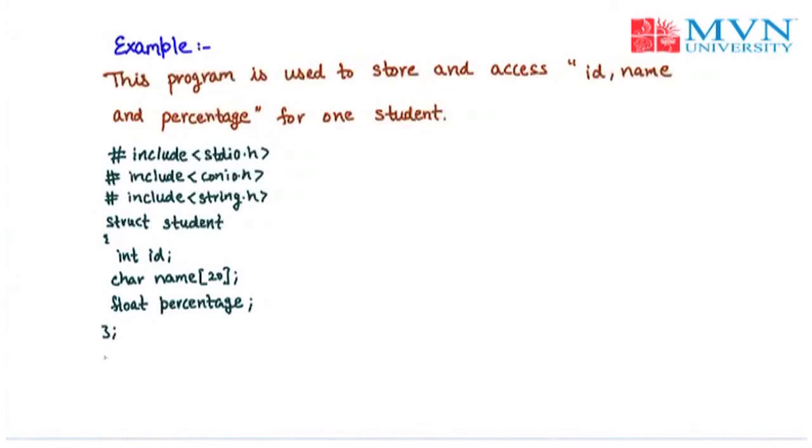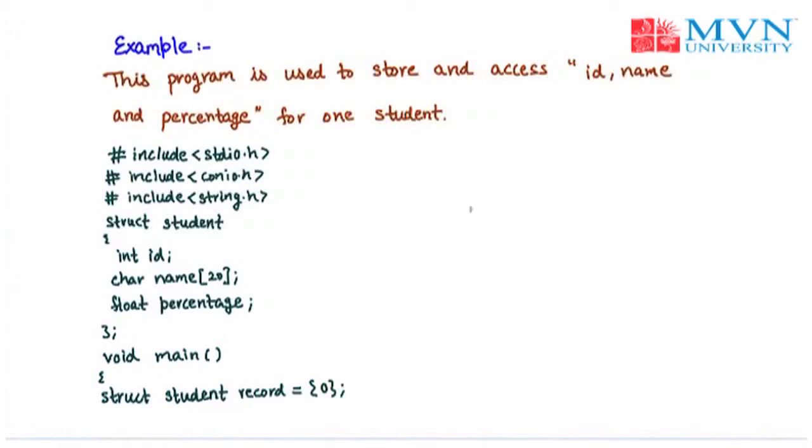Start the main function, void main. Take one variable, struct student record. The name of the structure variable here I am taking is record. First initialize this structure variable to null, equal to 0.